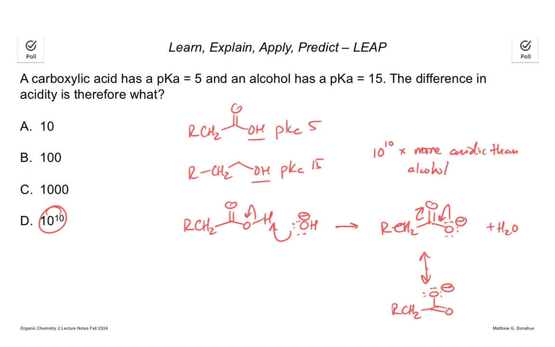Whereas if you deprotonate the alcohol, the negative charge just stays on the one oxygen. And so that's one reason you can invoke to explain this really big difference in acidity. Remember that the pKa is a log scale, so that's why it's 10 to the 10.